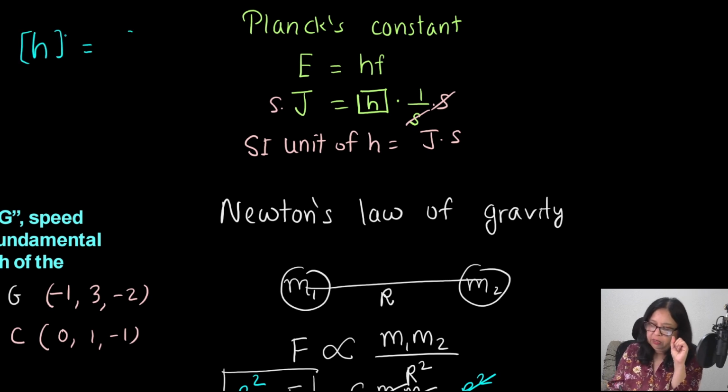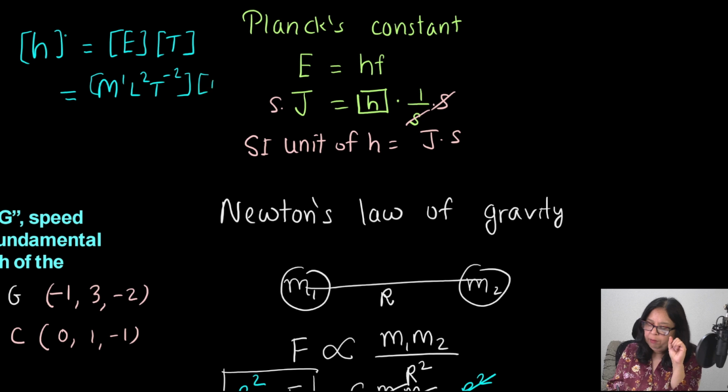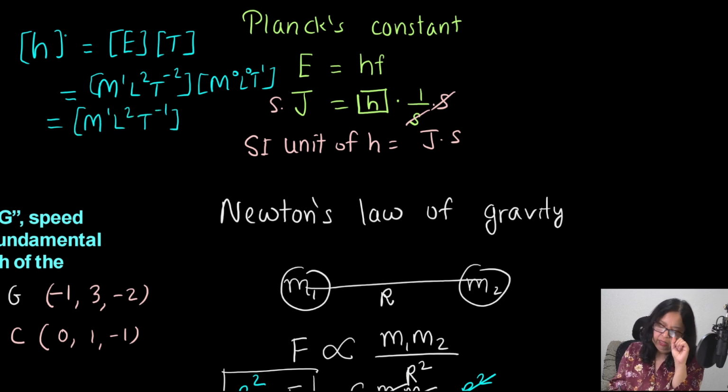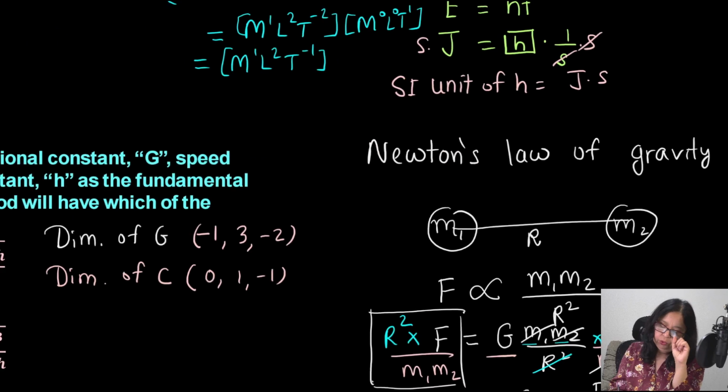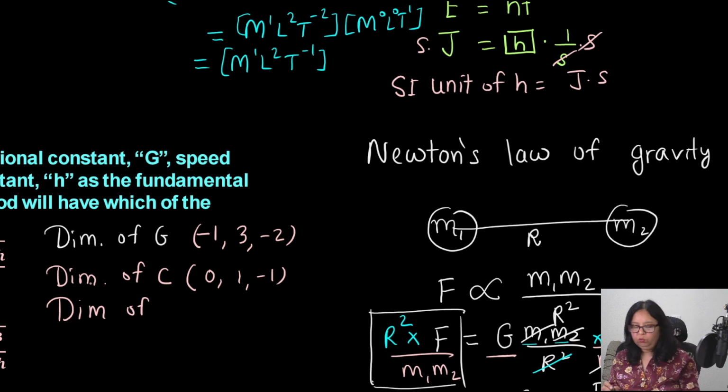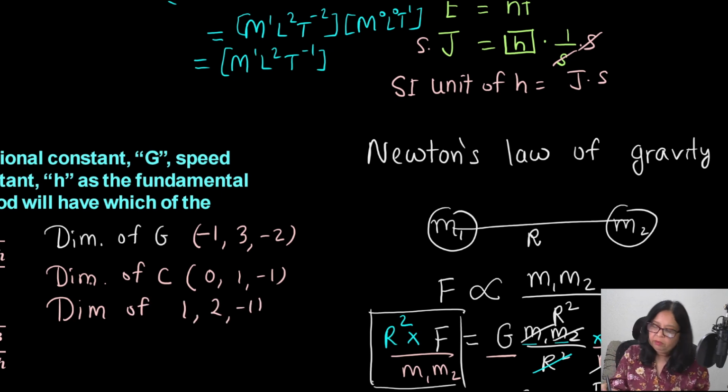We know it's going to be energy times time. Energy is m1 L2 T minus 2, and time is m0 L0 T1. This gives us m1 L2 T minus 1. So 1, 2, minus 1. Dimensions of h. Alrighty.